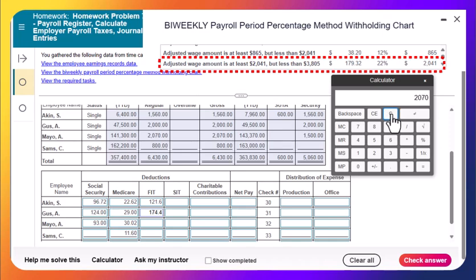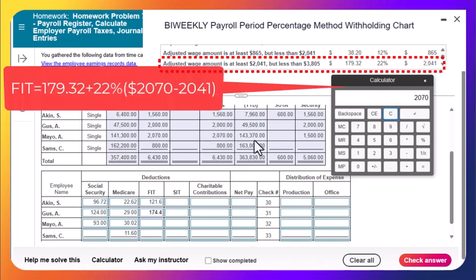So $2,070 for his gross pay there, but we have to subtract out $2,041 and then multiply that by 22% this time. So $6.38, remember that number, we'll clear that out. So $6.38 plus $179.32 equals $185.70.